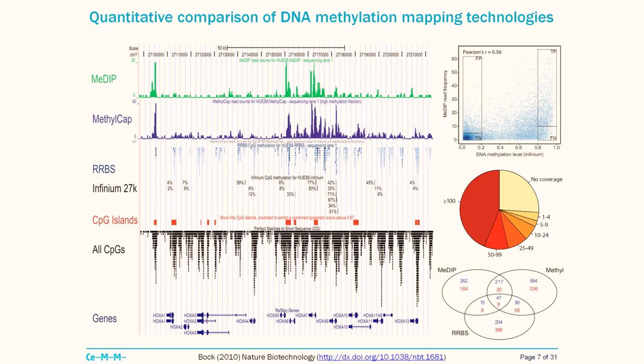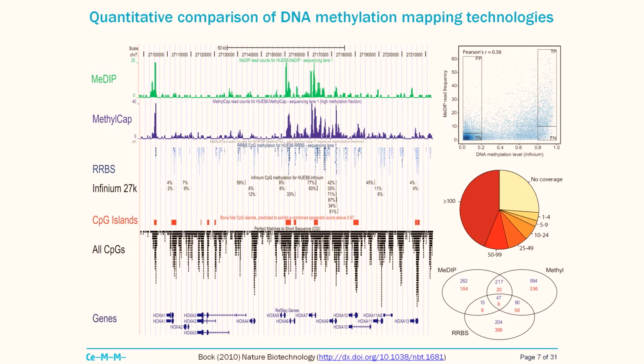In contrast, for the bisulfite sequencing-based approaches and also for the Infinium assay, you can actually distinguish between areas that are not covered, here in RRBS and more so in the 27K assay, and regions that are actually unmethylated, shown in light blue over here.